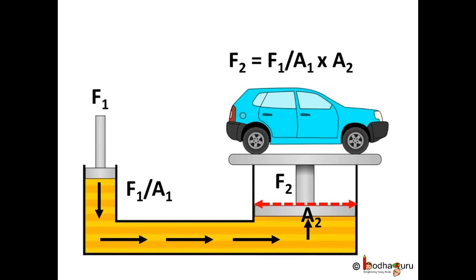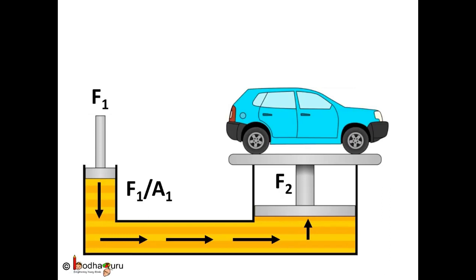So, F2 is equal to F1 divided by A1 multiplied by A2. Now, in case you have not noticed, the upward force applied on the second piston is A2 by A1 times the force we applied on the smaller piston.